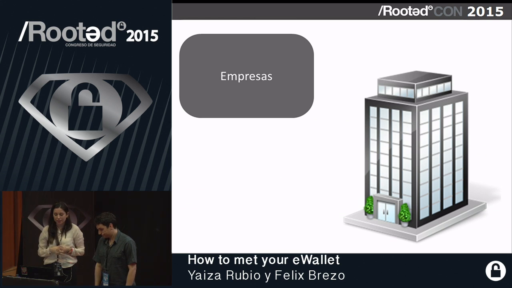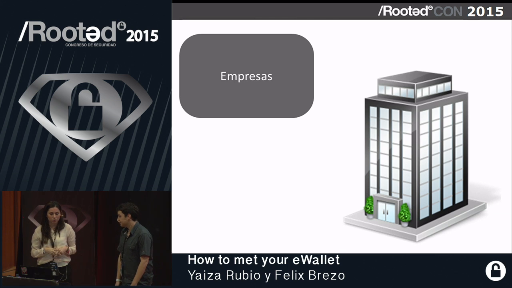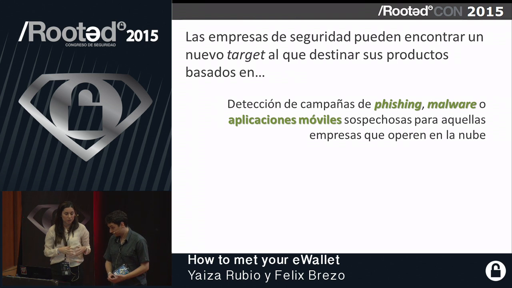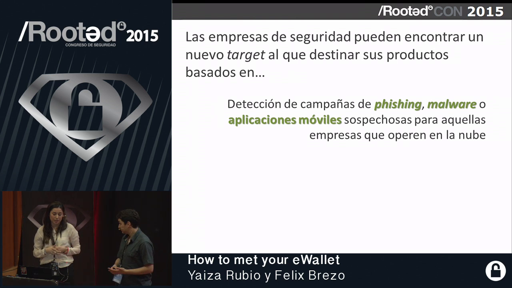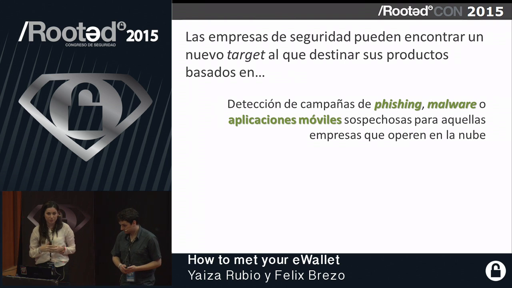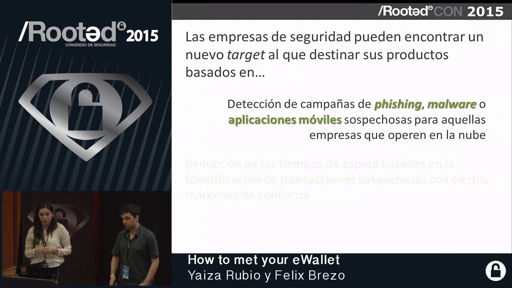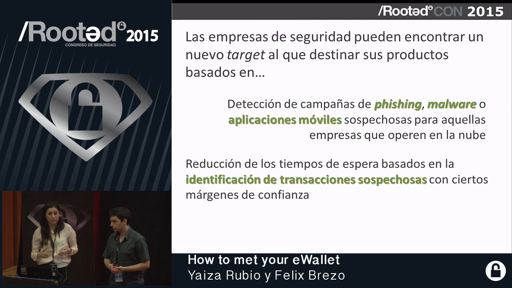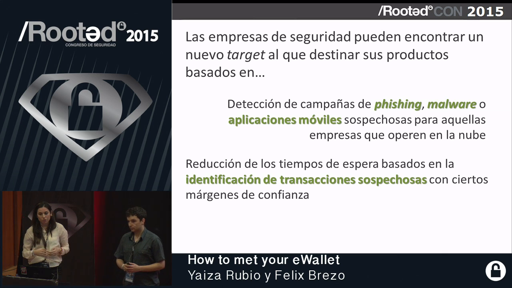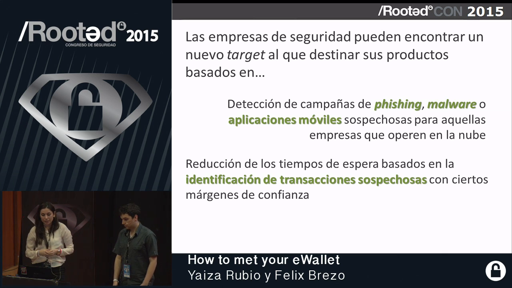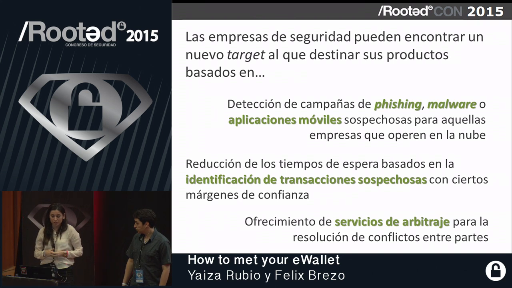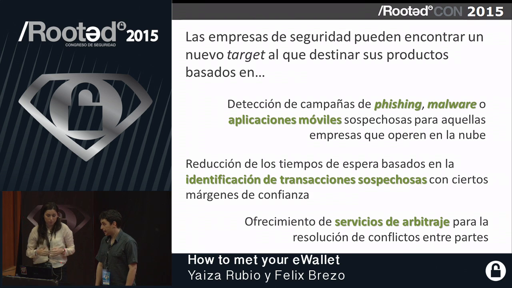Also, companies will have the opportunity to supply security products, especially products to detect phishing campaigns, malware, or suspicious mobile applications. And if Bitcoin becomes more and more implemented in society, if markets accept Bitcoin more and more, they will require products to reduce waiting times in transactions and also to identify suspicious transactions.